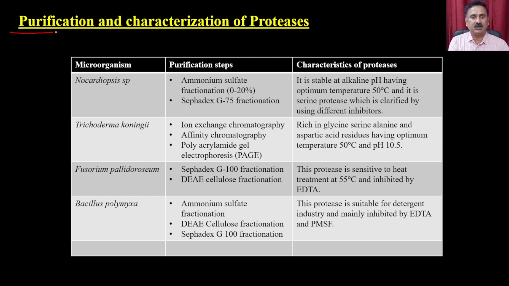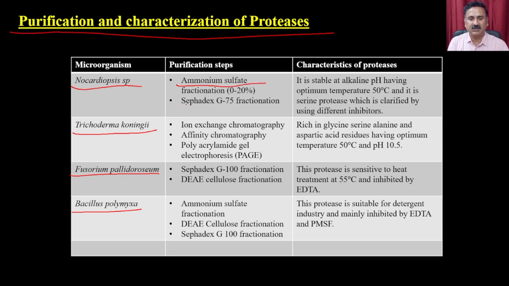Purification and characterization of the proteases. Once you have produced the protease, you can get it from different types of microorganisms like Nocardiopsis, Trichoderma, Fusarium, and Bacillus. You can do the purification steps, like first fractionation, then gel filtration chromatography, and then the characterization.